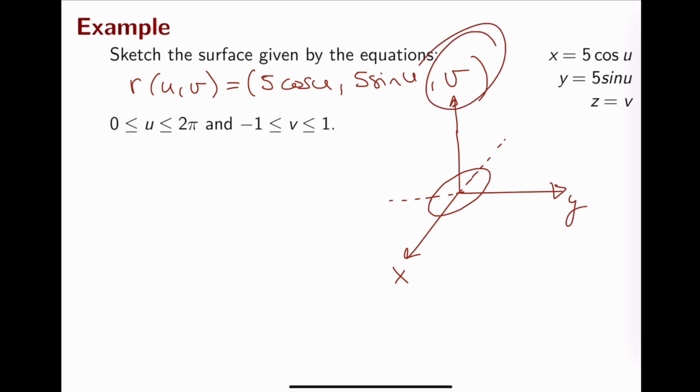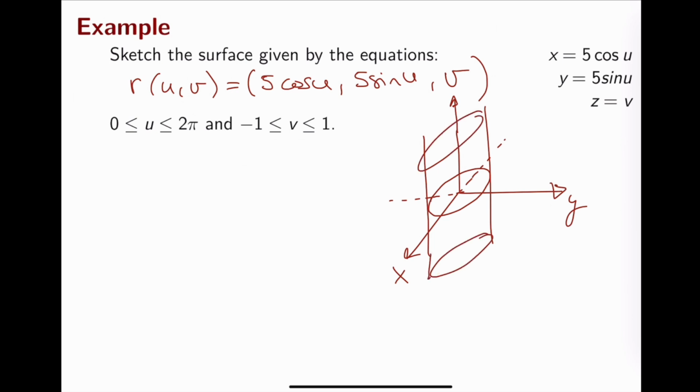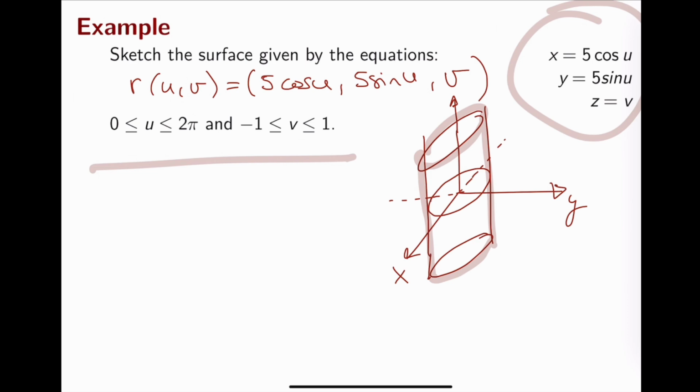And the z component is just given by v, where v varies between -1 and 1. So it's going to have any value here between -1 and 1. So that will be a cylinder like this. This cylinder is the surface described by these parametric equations.